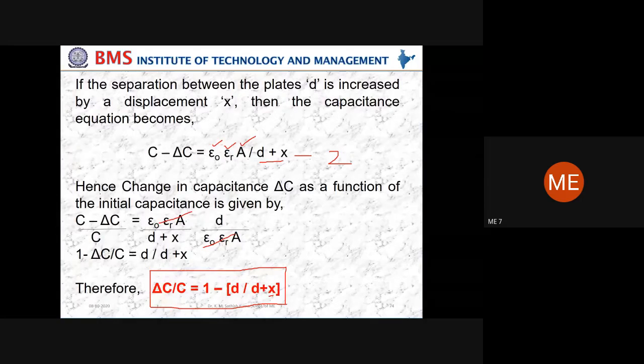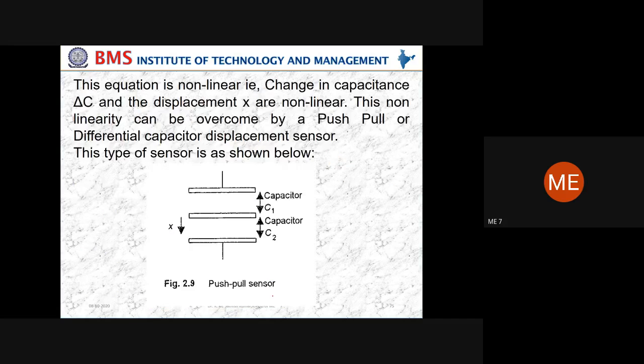Now, if you observe this equation carefully, delta C by C is equal to 1 minus D divided by D plus X. Is this a linear equation or a non-linear equation? Linear? Now D divided by D plus X means for every change in X, is the value of C linearly increasing? No. Observe, this equation is non-linear, that is, change in capacitance delta C and displacement X are non-linear.